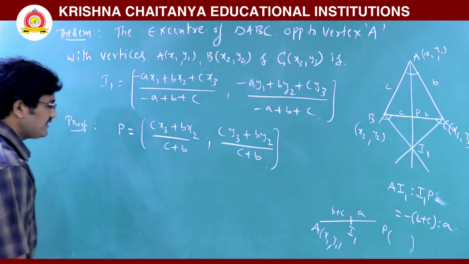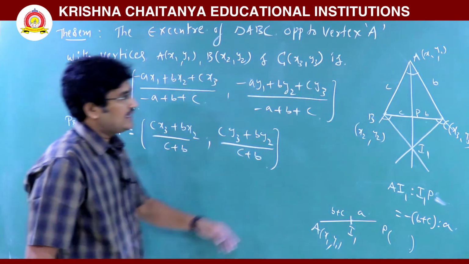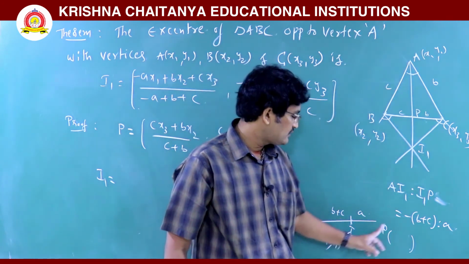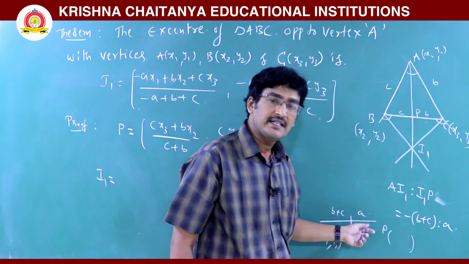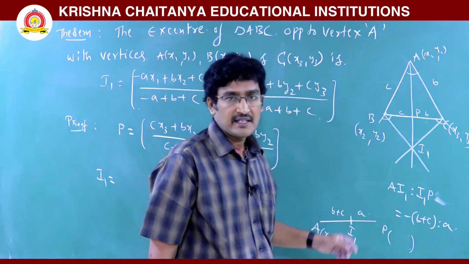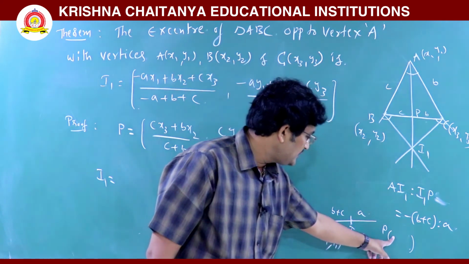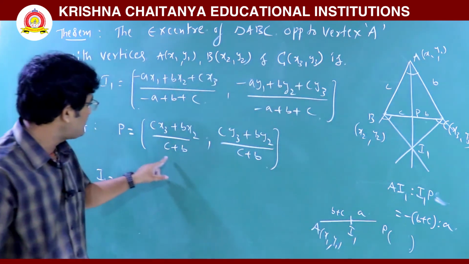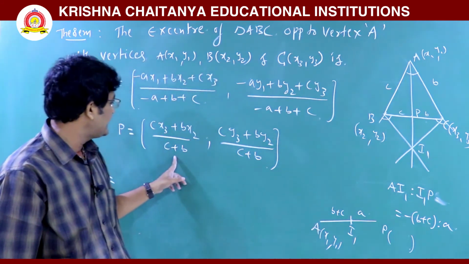So, what are the coordinates of I1 here? I1 is the excenter opposite to A. I1 divides AP bar in the ratio B plus C is to A externally, so we have to take the external formula. What is the formula? mx2 is B plus C into abscissa of P. B plus C into abscissa of P, this one, B plus C into B plus C, B plus C by B plus C getting cancelled.